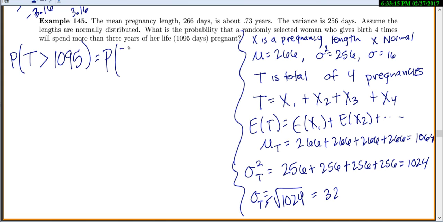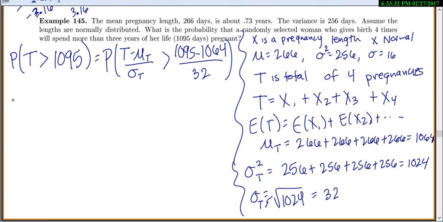You say, okay, I need to standardize, so I'll take T, and I'll subtract the mean of T, and I'll divide it by the standard deviation of T. So we'll do 1,095 minus the mean of T, which is 1,064, divided by the standard deviation, which is 32. And once I did that, this changes to a Z. So Z is greater than 0.97.